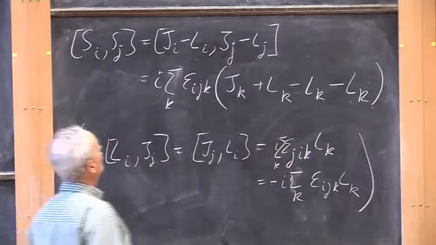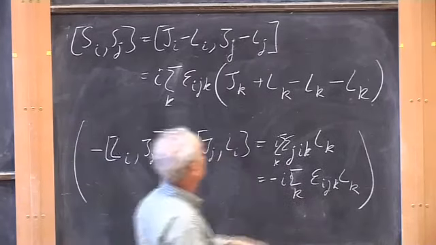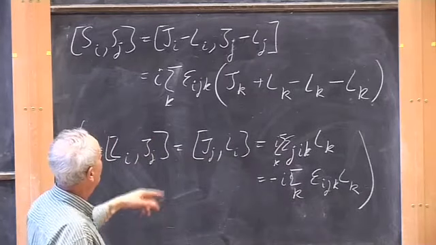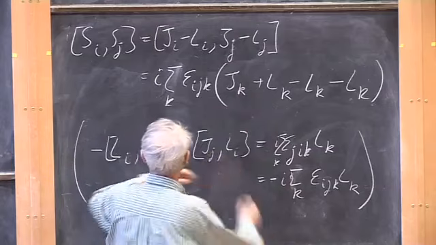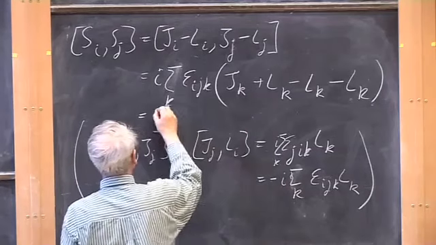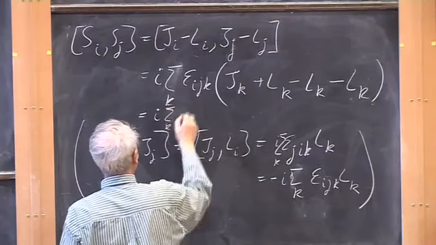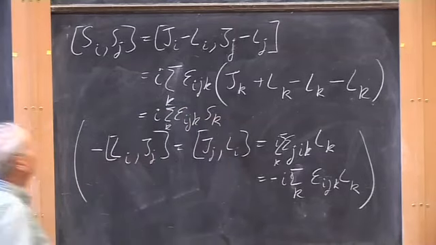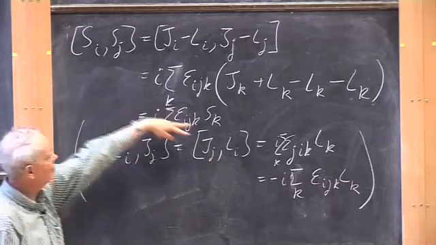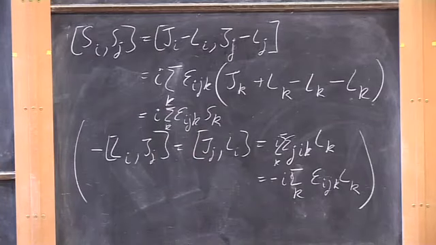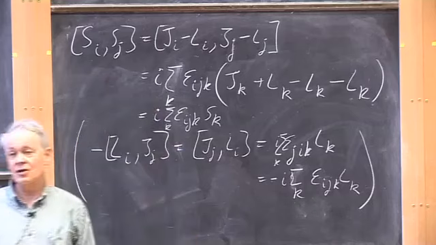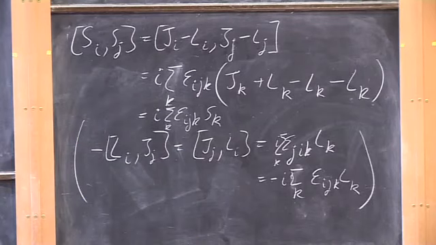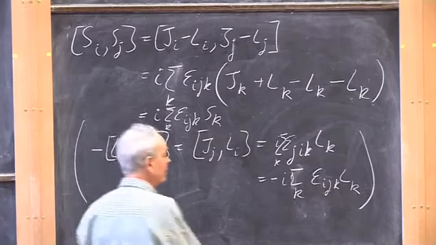So what do we end up with at the end of the day? These three Lk's collapse into just one Lk. It's going to be Jk minus Lk. In other words, this is going to be i summed over k, epsilon ijk Sk. So these spin operators, we call them the spin operators, have exactly the same commutation relations as the J. Therefore, we know what their eigenvalues are.